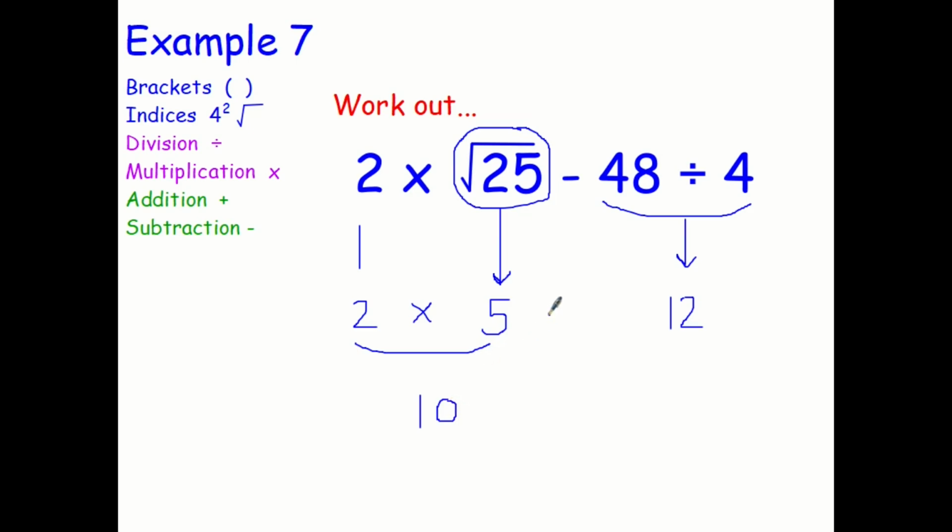And just because it was a multiplication here and a division here, I've done them at the same time essentially because they are equal priority. So 2 multiplied by 5 is 10 and 48 divided by 4 is 12. So then I'm just reading from left to right. It's really crucial that you read from left to right because of course you might end up in negatives, which of course we do here. So 10 take away 12 is minus 2.